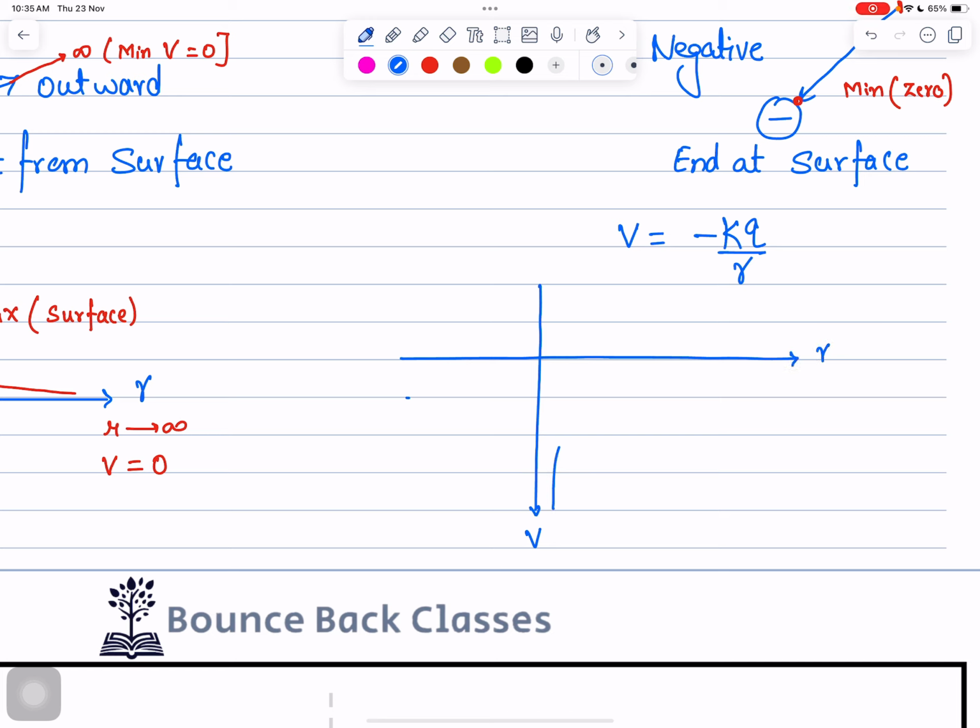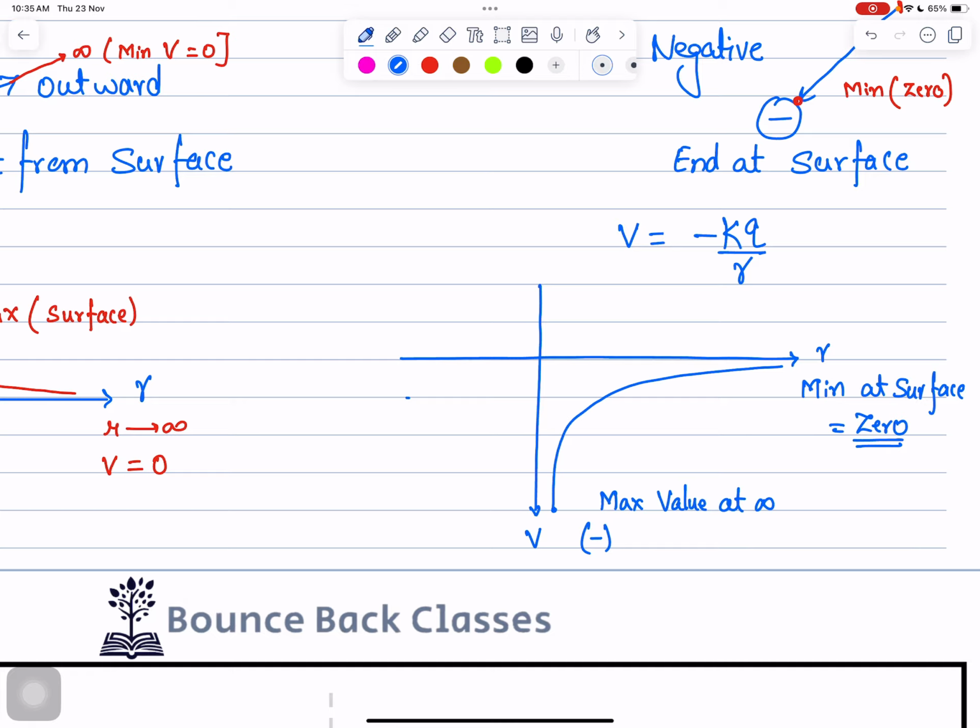It reaches toward this. So this is the maximum value at infinity and minimum at surface. Clear? And this is the negative value, but this is the maximum value in terms of magnitude.